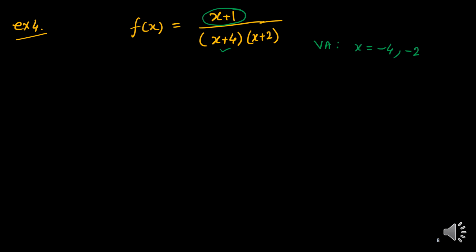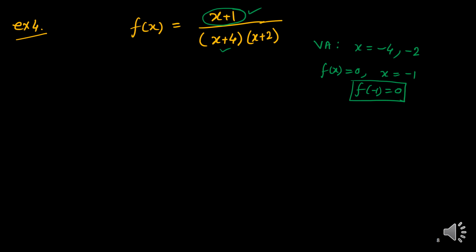And f of x will be 0 when x equals to this thing, these solutions, x equals minus 1. If I put that, f of minus 1 equals 0. Okay, so that is also confirmed.